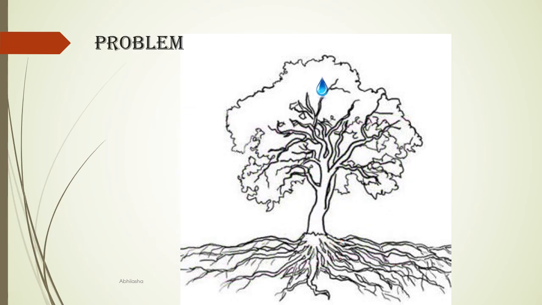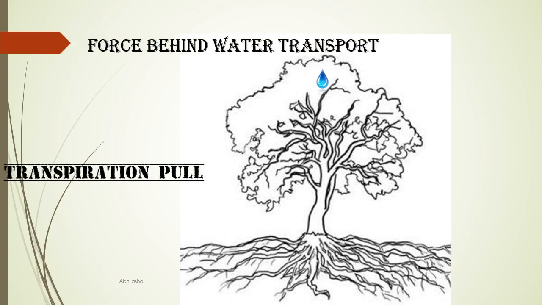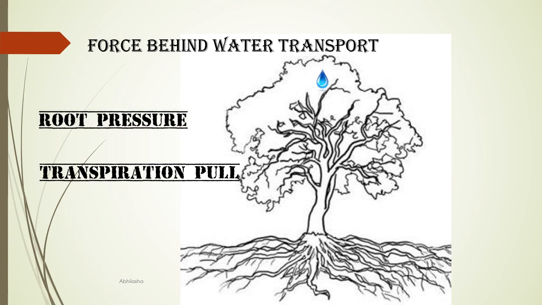The pull is being created due to transpiration, so it is known as transpiration pull. So the two forces behind water transport are transpiration pull, pulling the water from the top, and root pressure, pushing the water from the bottom.